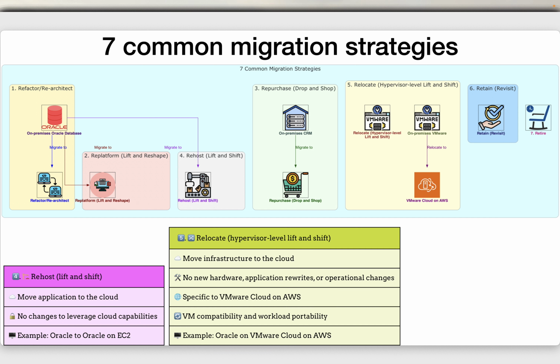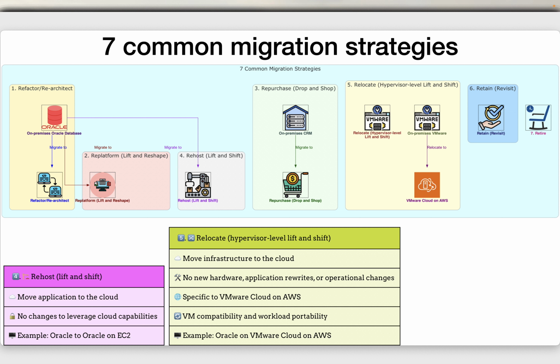Fifth one, relocate, where example could be hypervisor level lift and shift. So you are relocating. So move infrastructure to the cloud without purchasing new hardware, rewriting applications or modifying your existing operations.